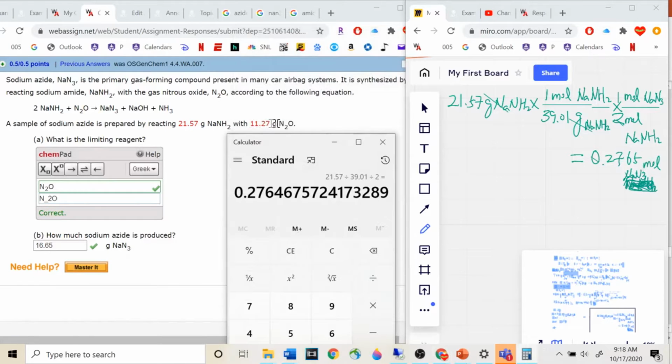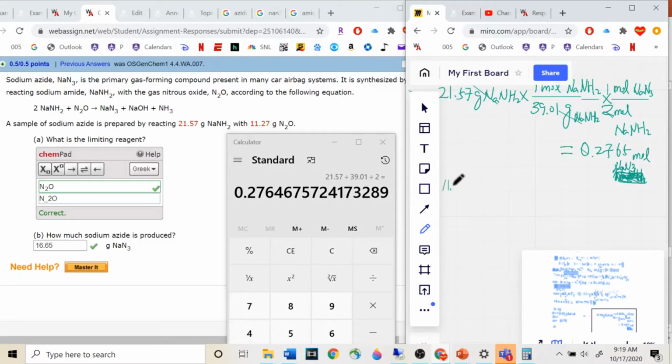Now let's work on the other reactant, 11.27 grams N2O.